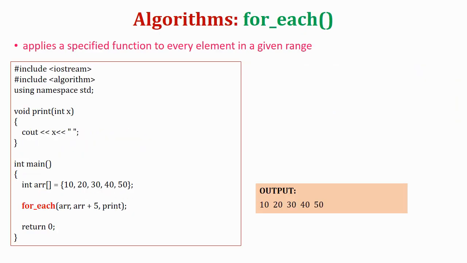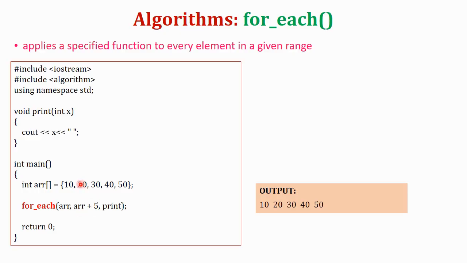And the next one is for_each. It will apply a specified function to every element in the given range. For example, we write a function with a parameter x, and we display the content of the x value. Here the array is a collection of elements. We are calling the for_each function, and here we give three parameters. The first one is the array name.